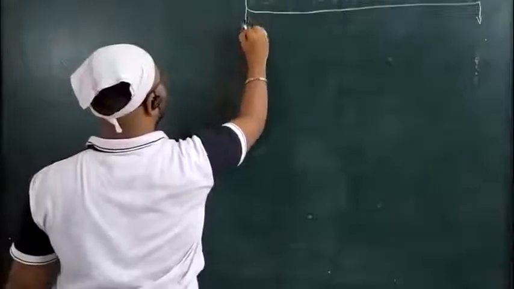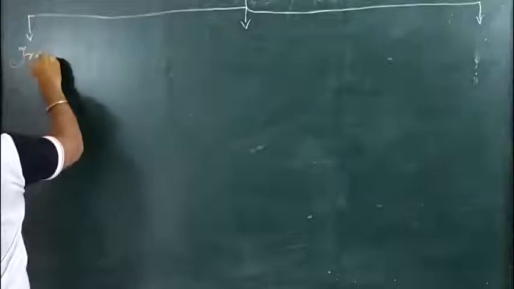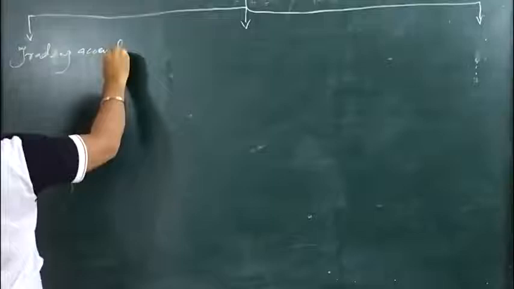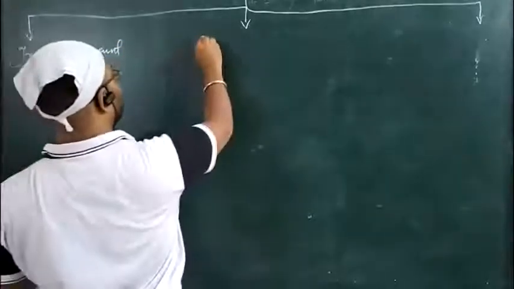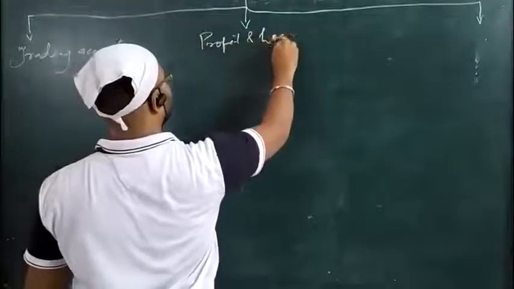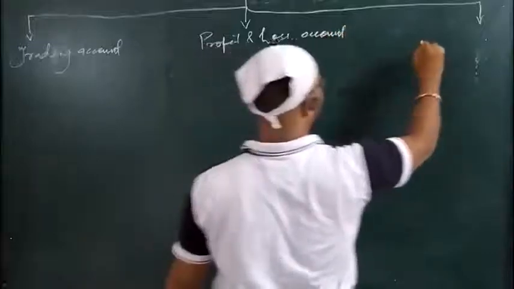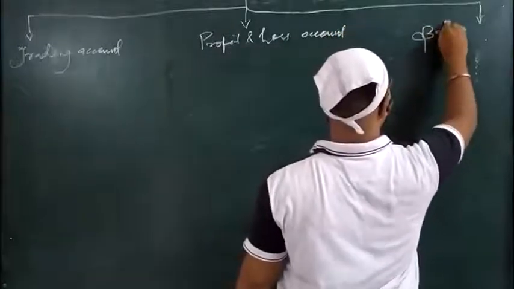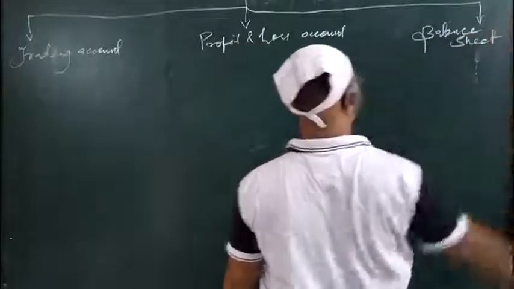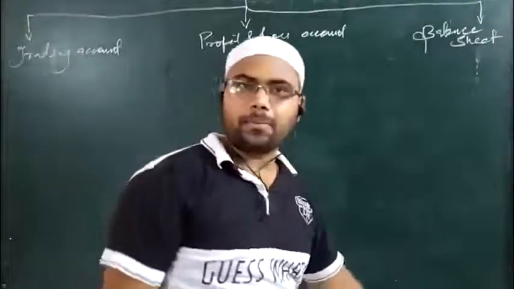There are 3 types of financial statements. First is the trading account. Okay, then you have the profit and loss account. Then you have the balance sheet.